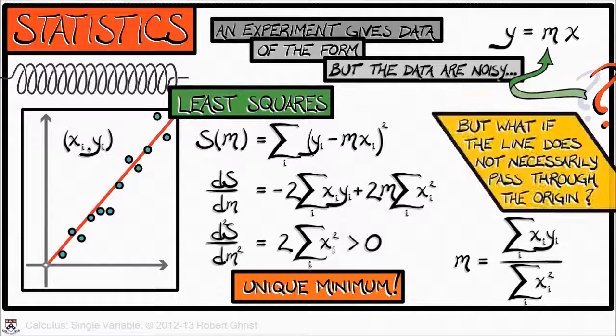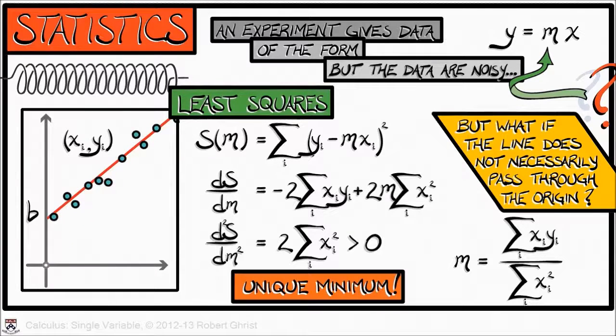Now, what happens if our experiment is a little bit different? The line that we're looking for doesn't necessarily pass through the origin. Well, it doesn't seem as though the problem has really changed much at all. We're just, again, looking for a straight line. But now we have to worry about not only the slope, but also the y-intercept, which we might call b.